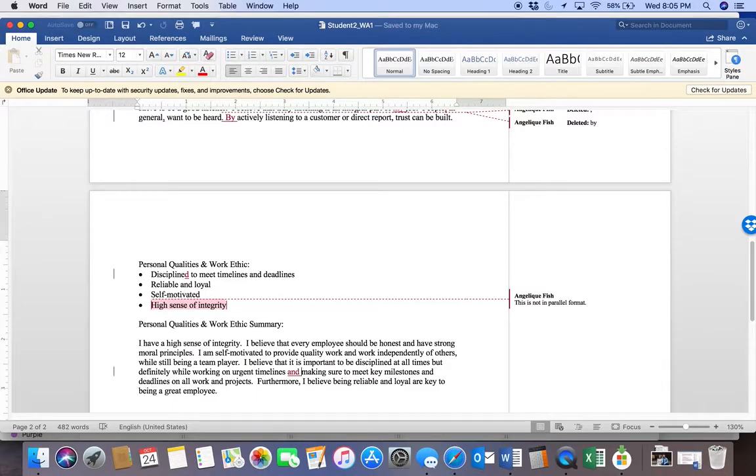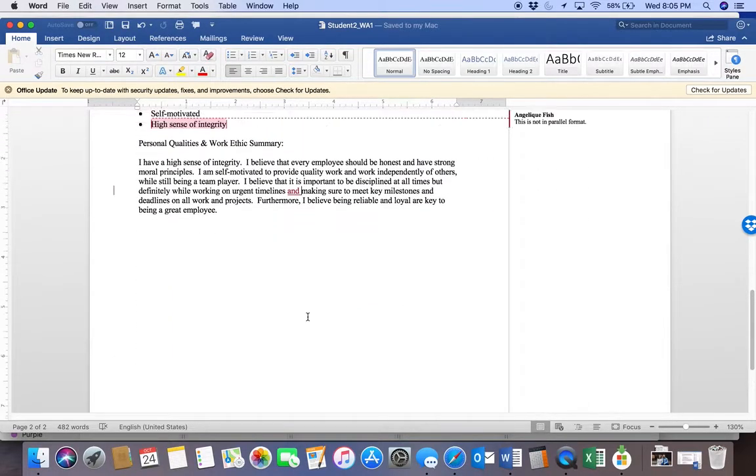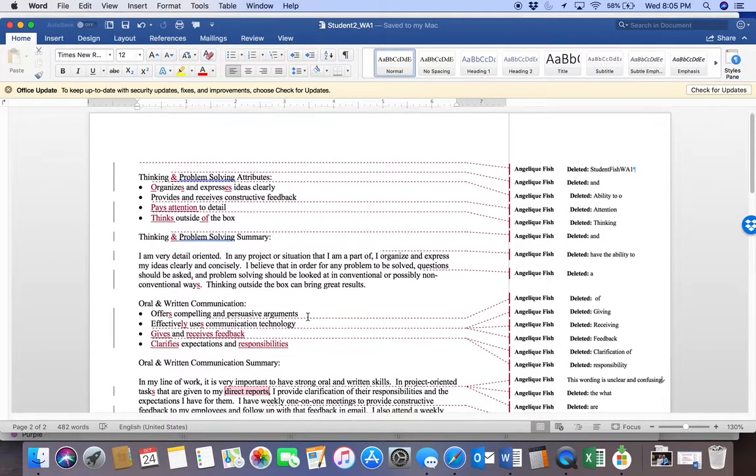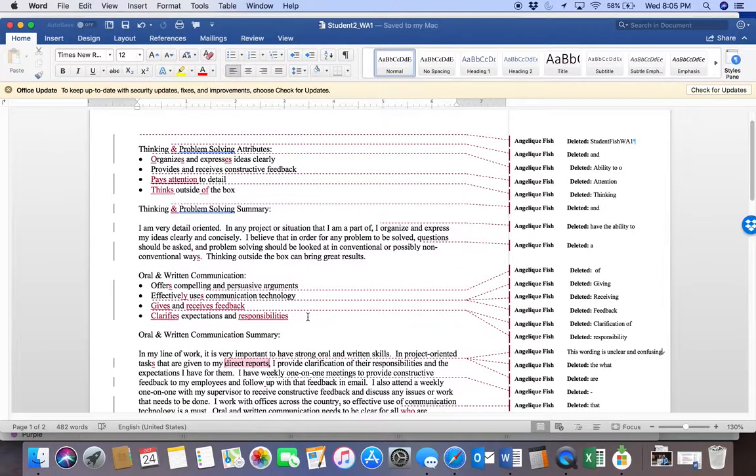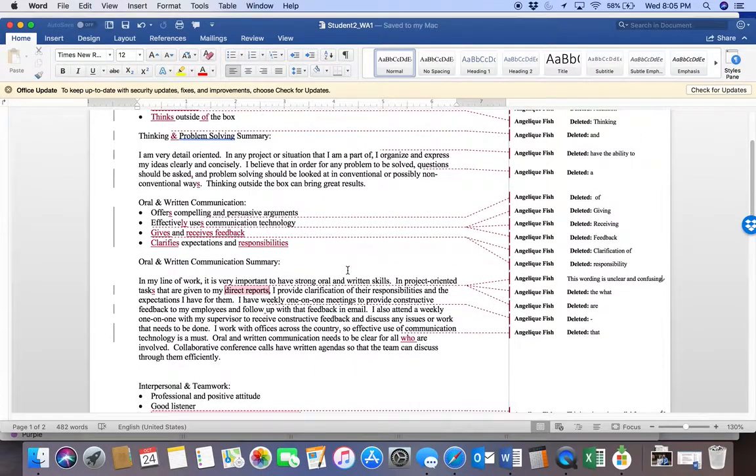Okay, so there you have it. For this person, the first category needed some work because it wasn't really a summary. It was just more of a regurgitation. We need some work on the parallel format. And also, just remember that even though you use certain terminology in your work, your audience might not be familiar with that.